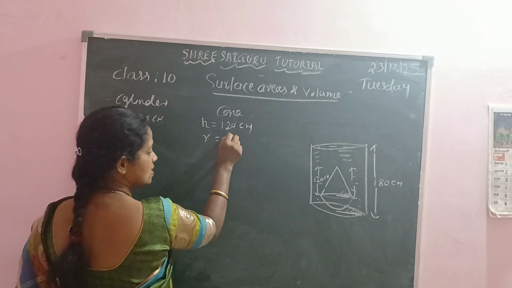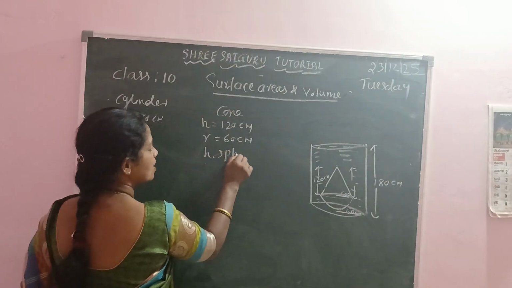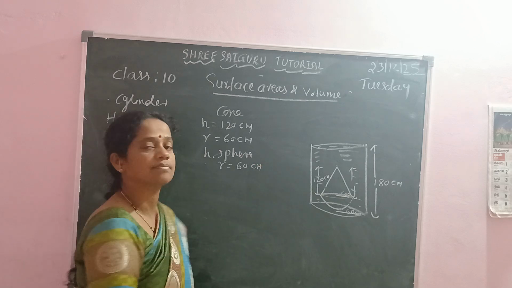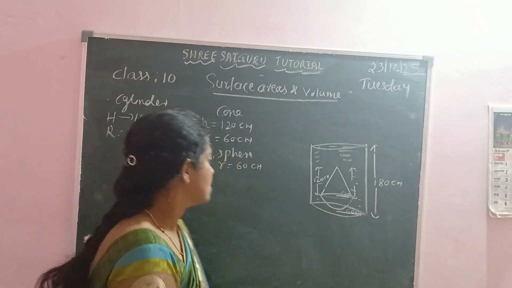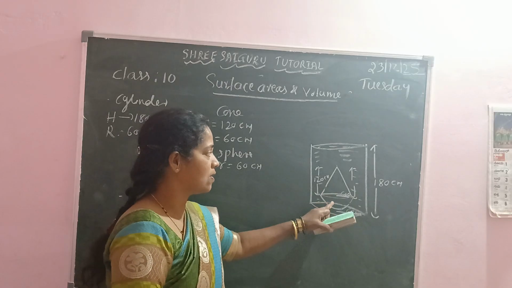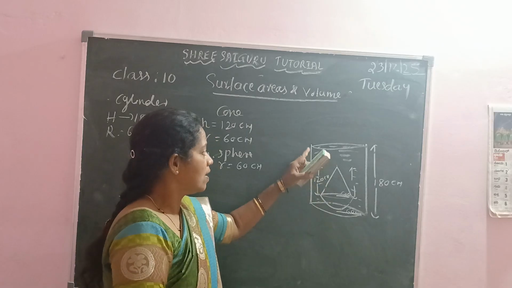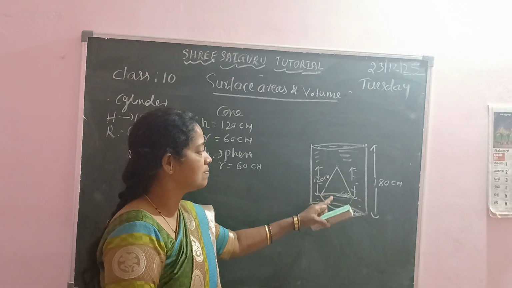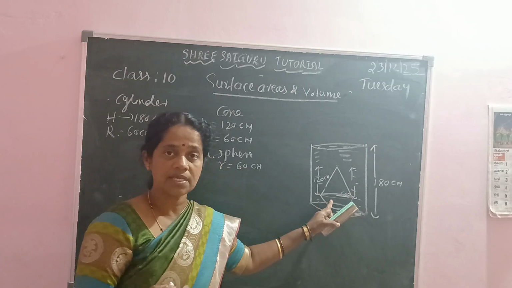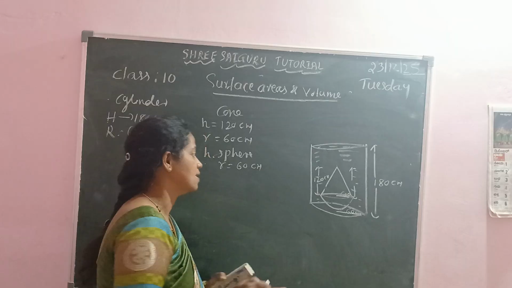The radius is 60 centimeter, and for the hemisphere, radius is equal to 60 centimeter. So we have to calculate the volume of this solid and volume of the cylinder. Then volume of the cylinder minus volume of the solid gives the volume of the water left in the cylinder. So we have to subtract these two.